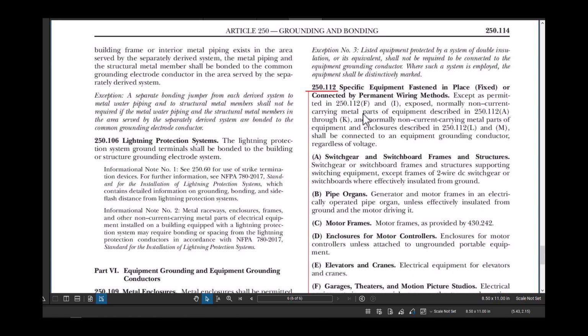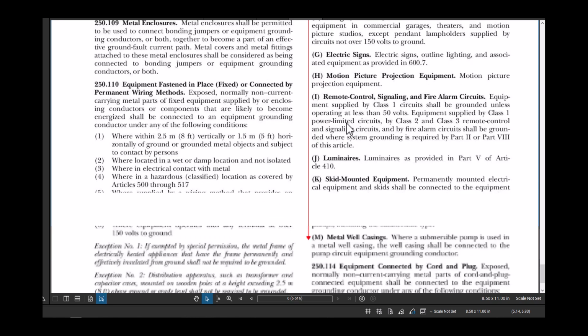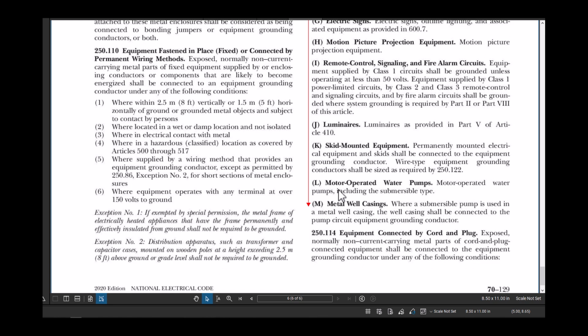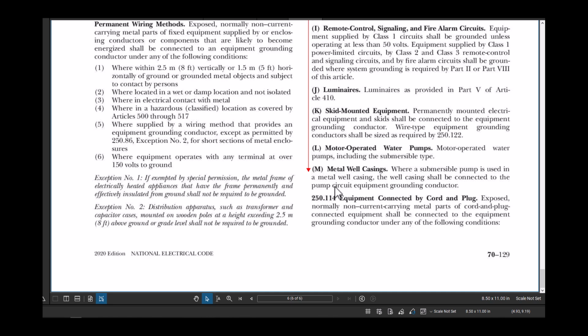If we go through M and L based on what we saw, L says motor operated water pumps, including the submersible type, and M says metal well casing: where a submersible pump is used in a metal well casing, the well casing shall be connected to the pump circuit equipment grounding conductor.